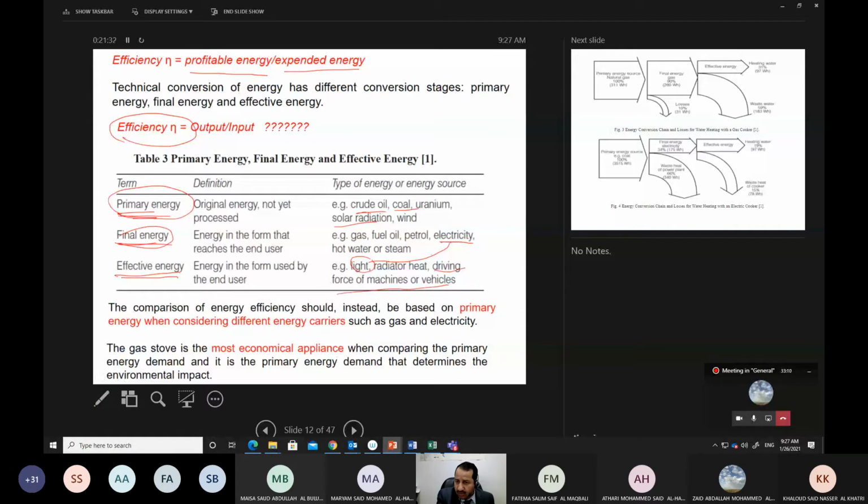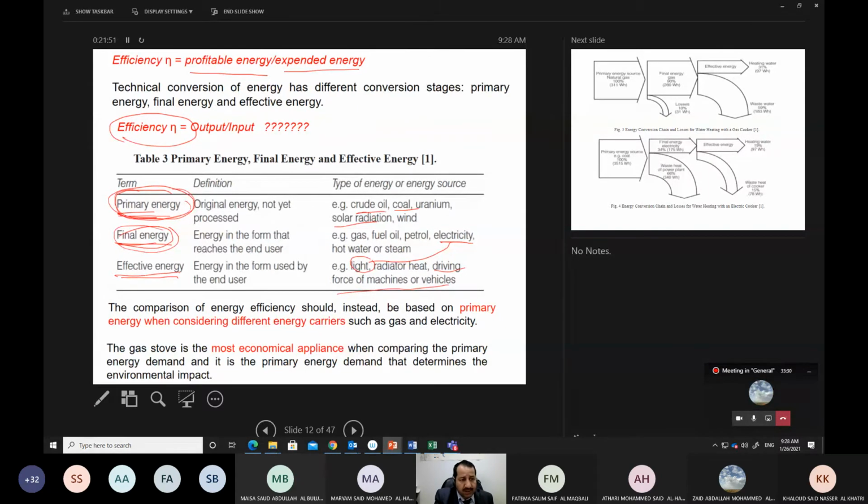Otherwise, you will have a deviation in your results. It will not be correct. We need to deal with the primary energy. Don't jump directly from here and work with this. No, primary energy is the main. Start from here, and see how much it costs you until you get this.